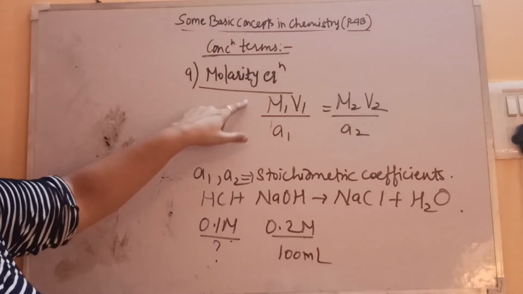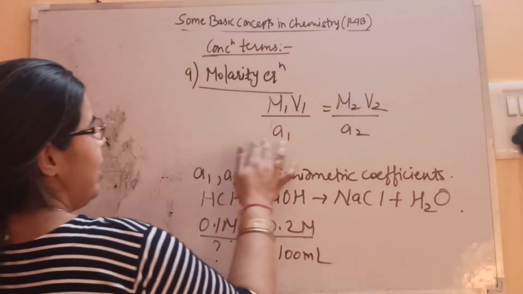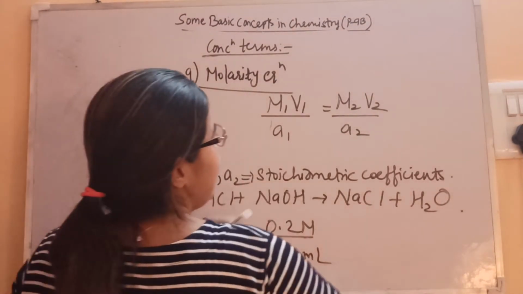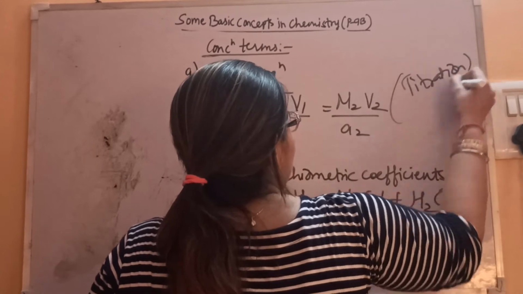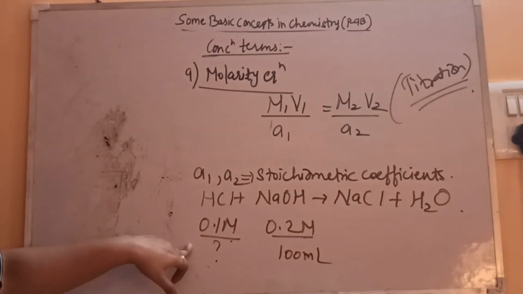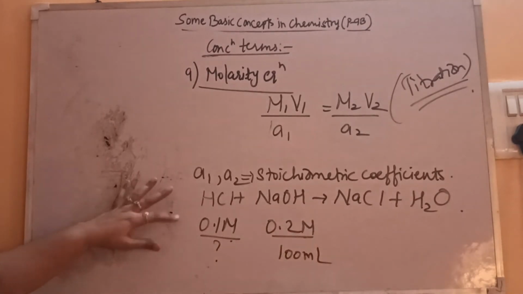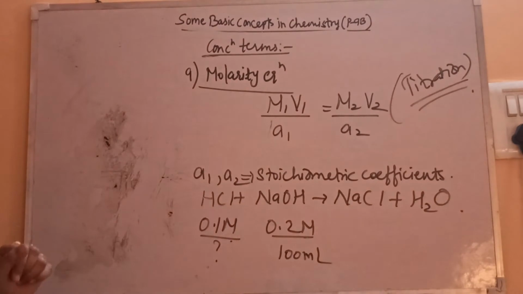Now you will use this equation because two different reactants are there. You will use A1 and A2 in titration also, in the practical titration part, so I am telling you here only. Here you can easily calculate the value of the volume.